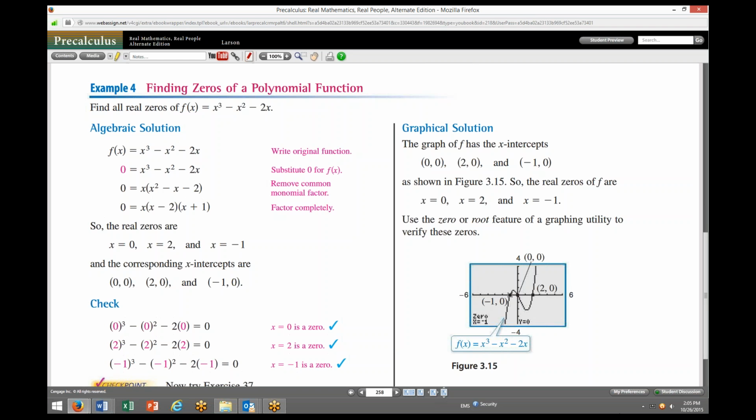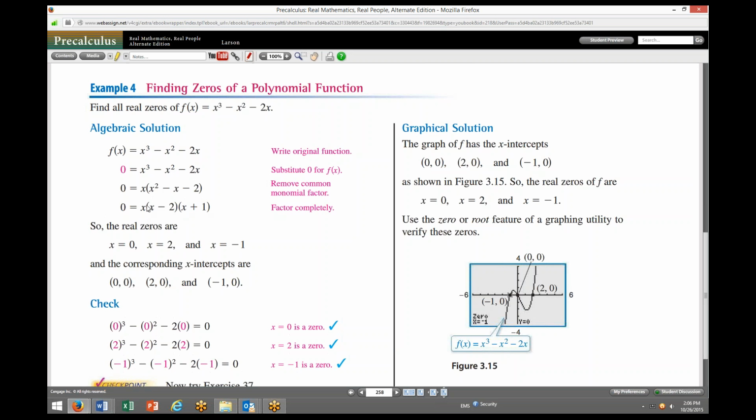In other words, x equals 0 is a 0 when x itself is a factor, because when you think about it, just the x by itself really means x minus 0. We could rewrite this x right here as x minus 0 in parentheses times x minus 2 times x plus 1, and it's always the number being subtracted from x, which is the 0.